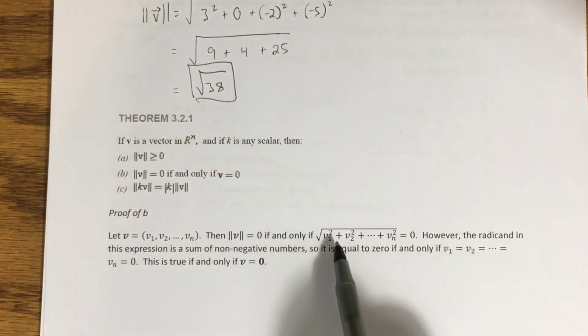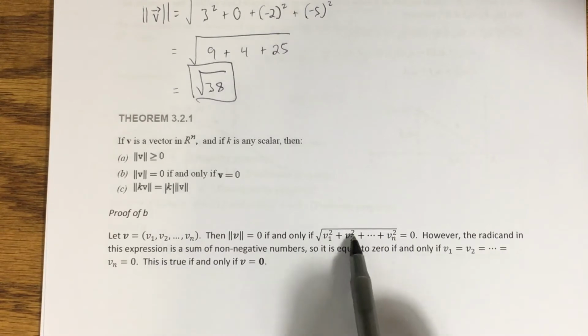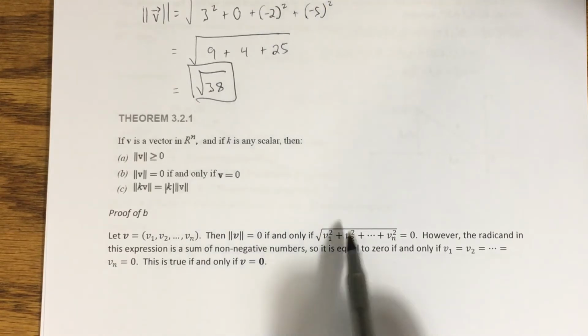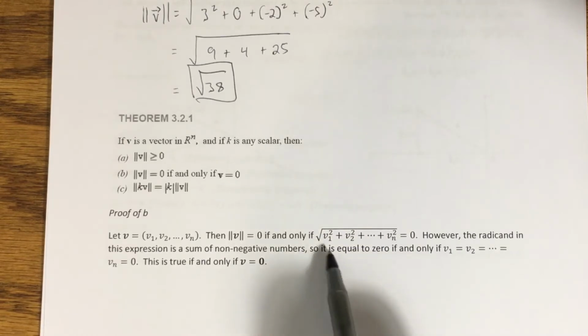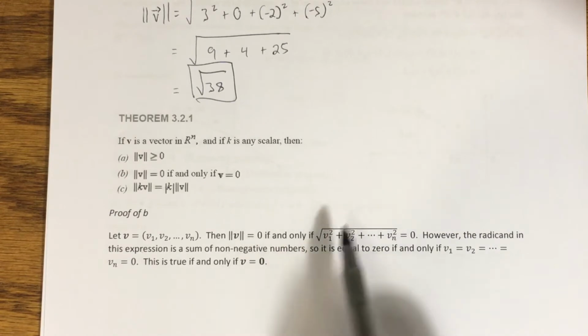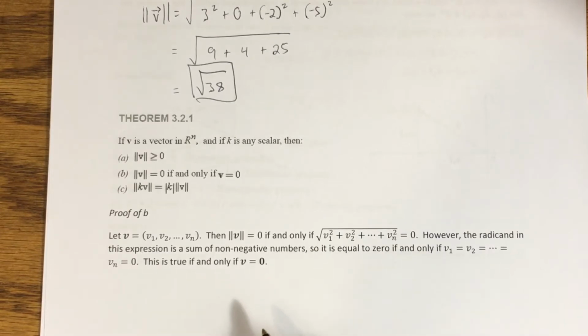Well, if any one of these numbers that I'm adding was non-zero, it would be positive. Adding that positive number to these other non-negative numbers would result in a positive radicand, which means my square root would come out positive, not being 0.